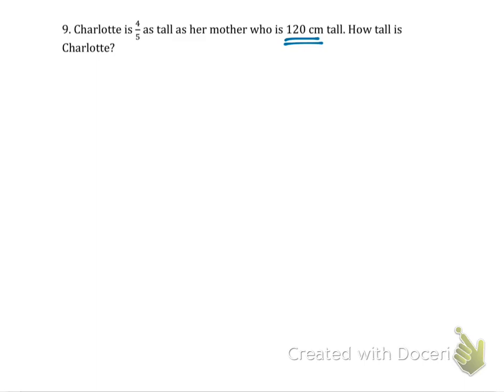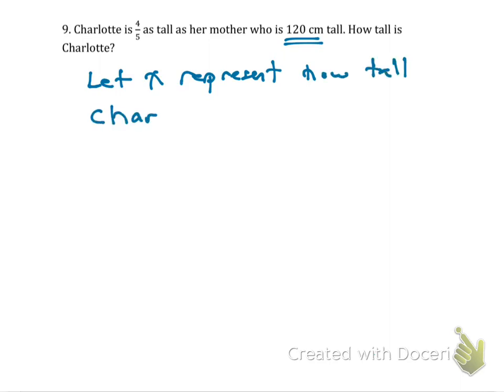Anyhow, getting back to the question, like the previous question, we want to define our variable and use it. So let x represent how tall Charlotte is. There are a couple of ways you could do this.